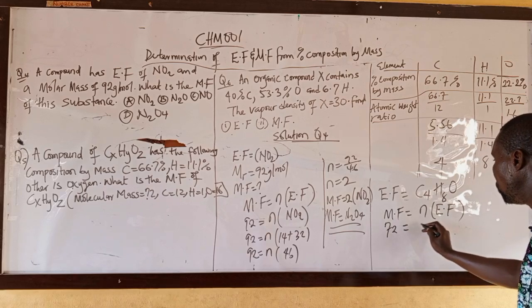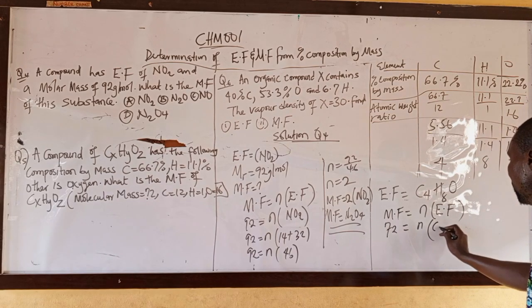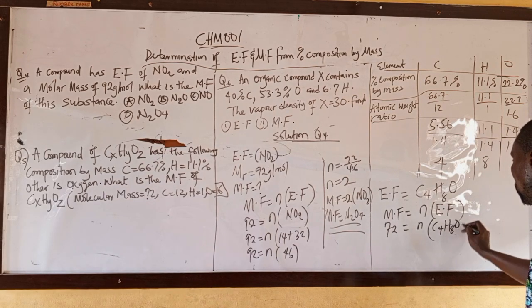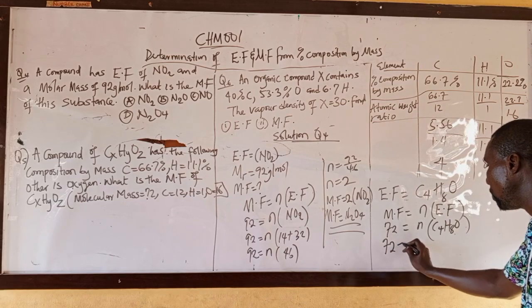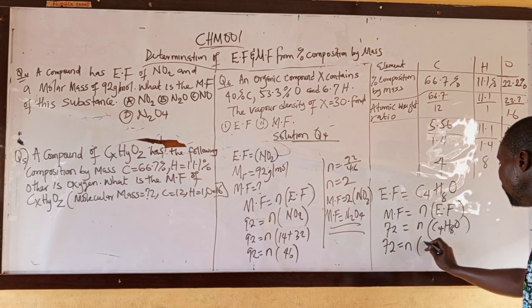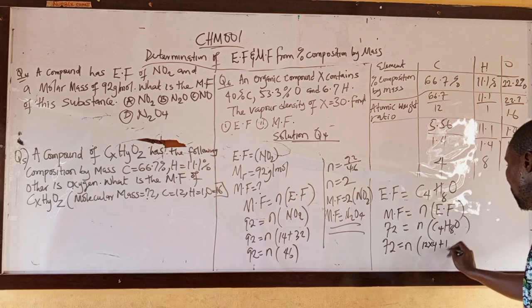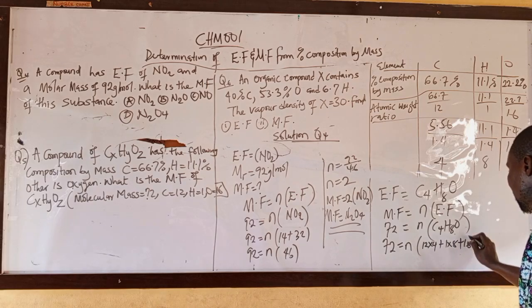The molecular mass is given as 72, so 72 equals N times C4H8O. Therefore, 72 equals N times, 12 times 4 plus 1 times 8 plus 16.